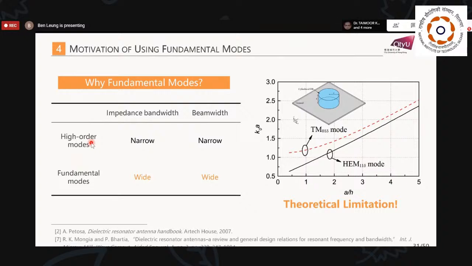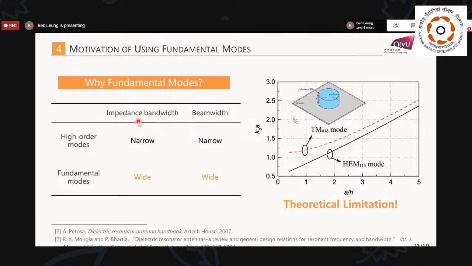Of course, it depends on the objective of your applications. But some applications would like to have a wider beam width so that it can have a larger coverage. So this is the comparison between the high order mode and fundamental mode.